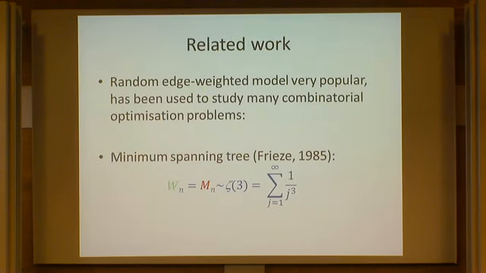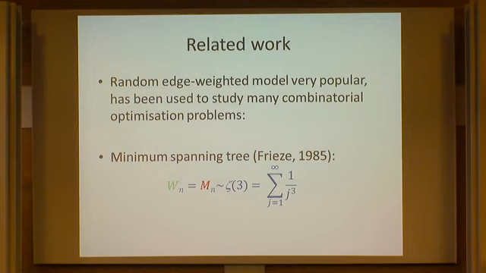Okay, so those are the kinds of questions we are going to ask about Steiner trees, but before that, there are a number of other problems in this framework that are interesting. So this random edge weight model has been used to study a number of different combinatorial optimization problems.